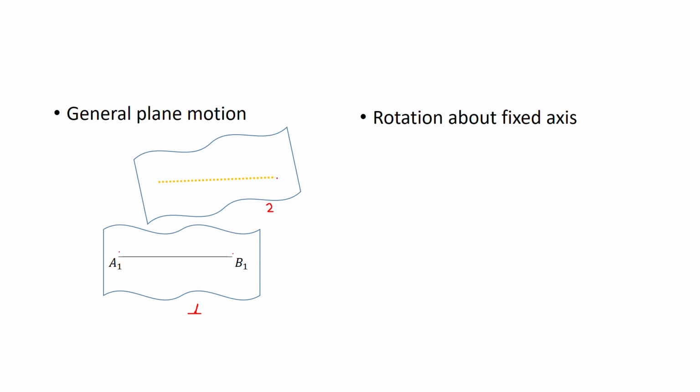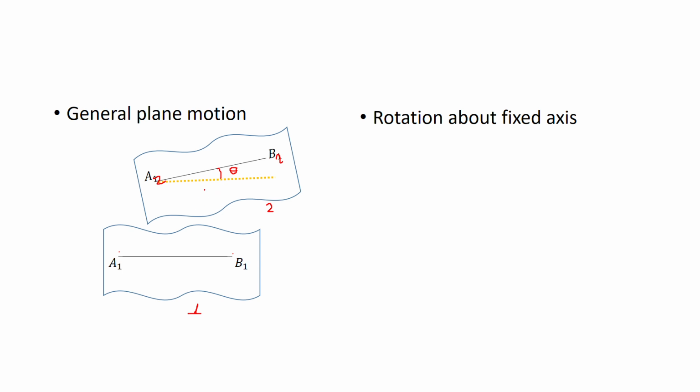And if, in fact, initially the line was A1 B1 and now it is in some different position, say it is A2 B2, then the orientation of the line has changed. If we say that it has made an angle theta with the x-axis, so this orientation has changed by an angle theta.